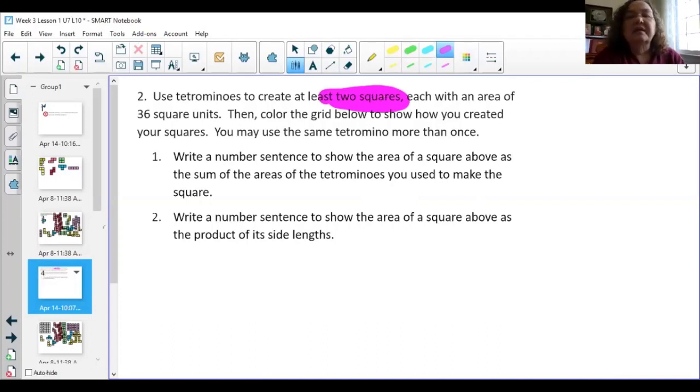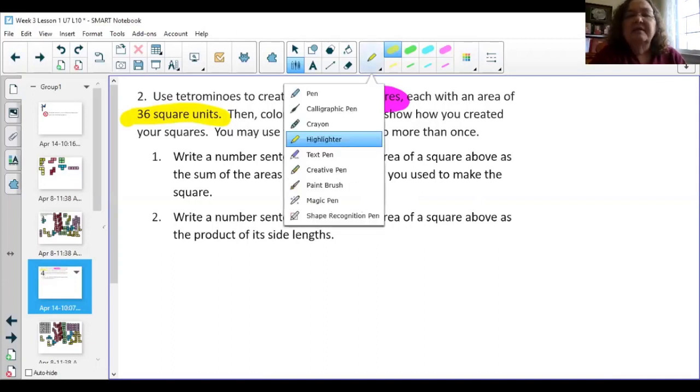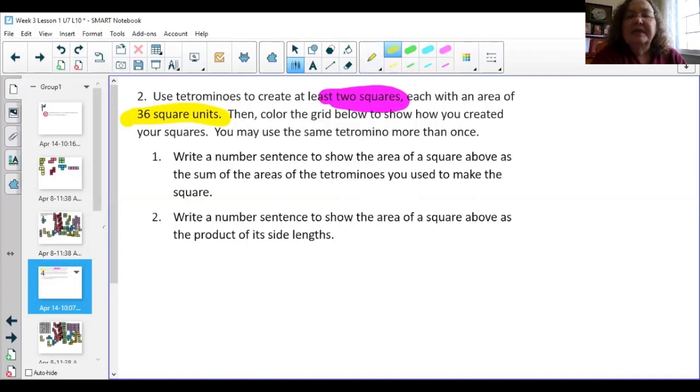The second thing is, how big do they have to be? 36 square units. Very good. So now I need to figure out a couple of things. The first thing I want to figure out is if it says 36, and I know that each of the tetrominoes is 4, how many pieces am I going to use?